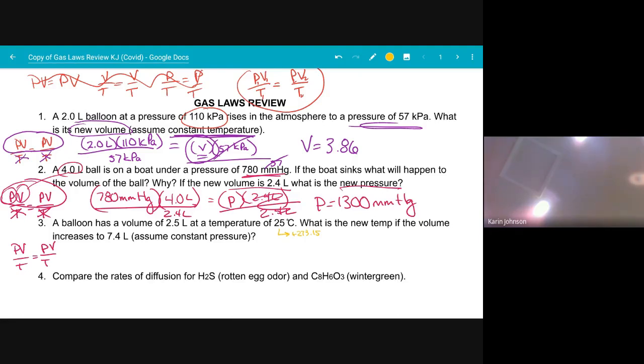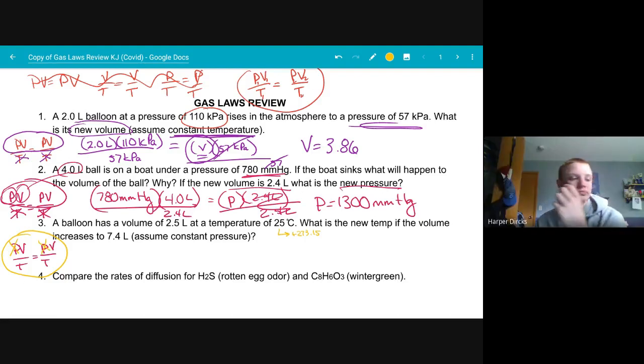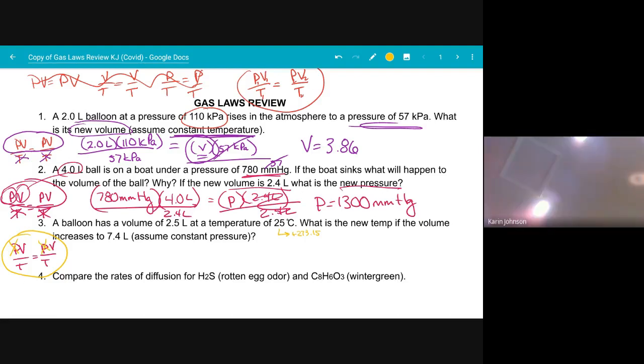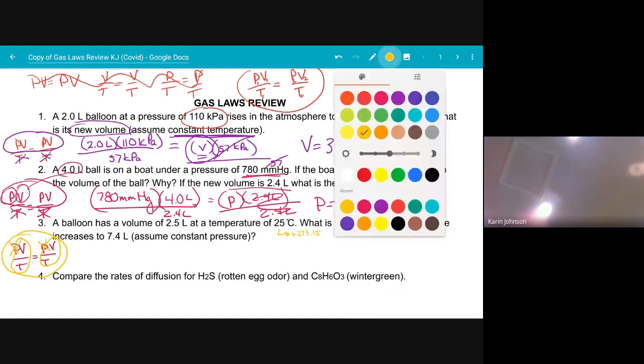So now for my equation, pressure is going to stay the same, so I can just cross off the P's. I don't need to worry about pressure. And now what we're doing is called Charles' law: V over T equals V over T. So the first volume over the first temperature equals the second volume over the second temperature. The first volume we had was 2.5 liters, so I'm going to write that.